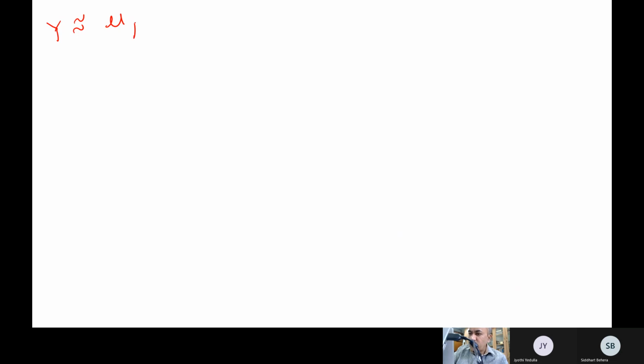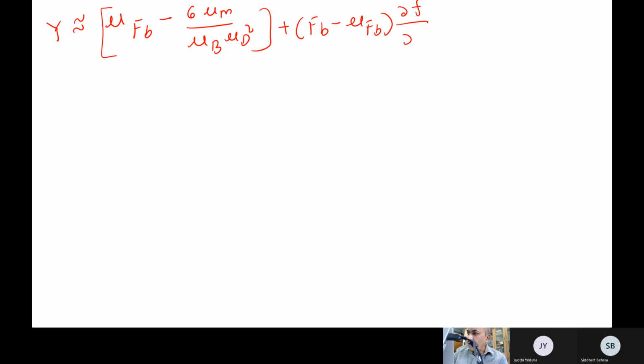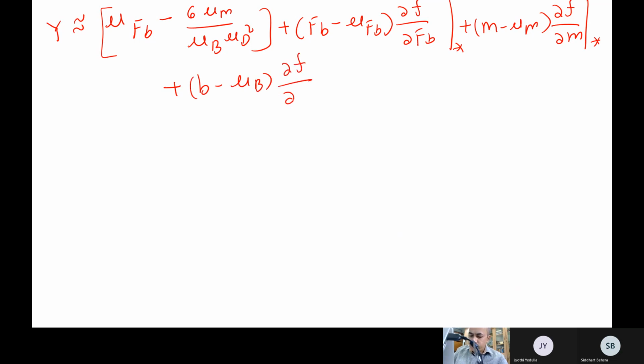So this turns out to be the mean value of FB minus 6 mu of M by mu B into mu D square, evaluated at the mean value, plus M minus mu M dou F by dou M evaluated at the mean value, plus B minus mu of B dou F by dou B at the mean value, plus D minus mu D dou F by dou D, which has to be evaluated at the mean values.